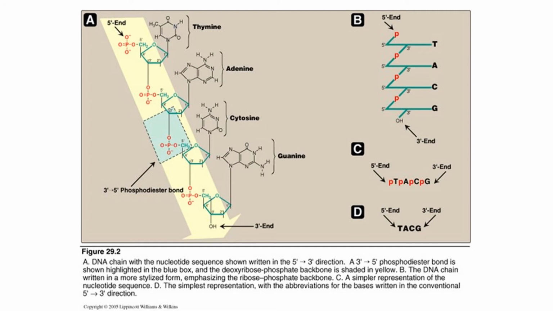Next, the deoxyribose phosphate backbone is shaded in yellow. In the B part of the figure, the DNA chain is written in a model form, emphasizing the ribose phosphate backbone.